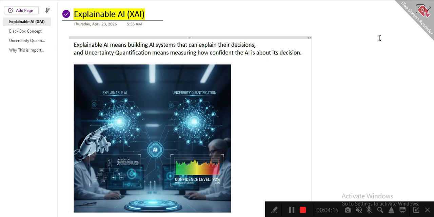AI says loan rejected. The customer asks why. If there is no explanation, the customer will feel it is unfair. But if AI says rejected because income is low and credit history is weak, it feels reasonable.